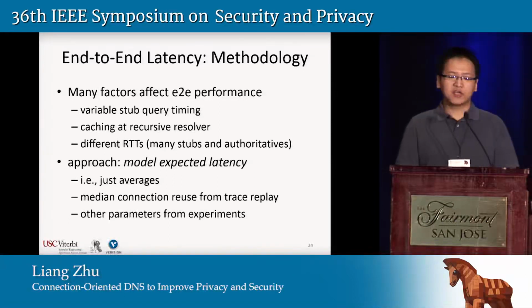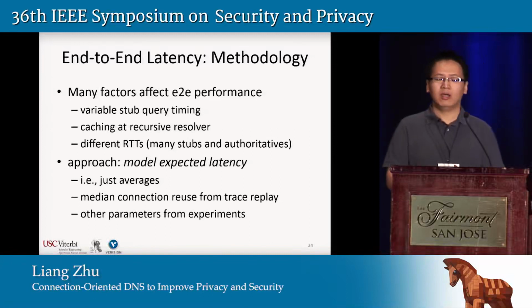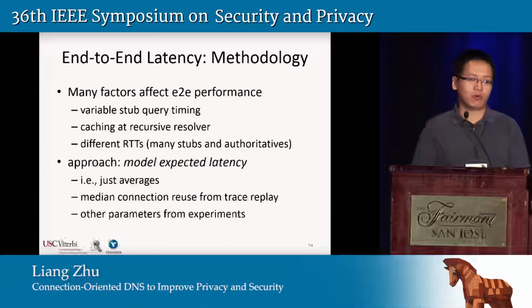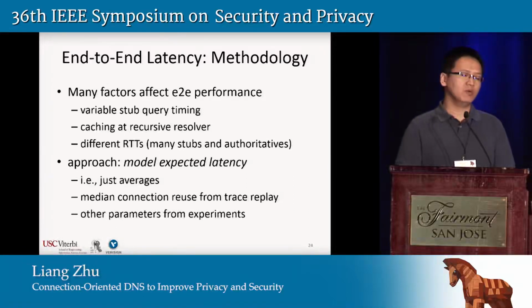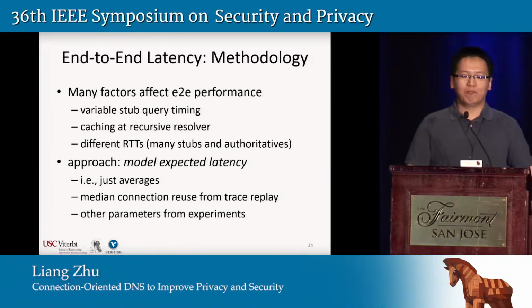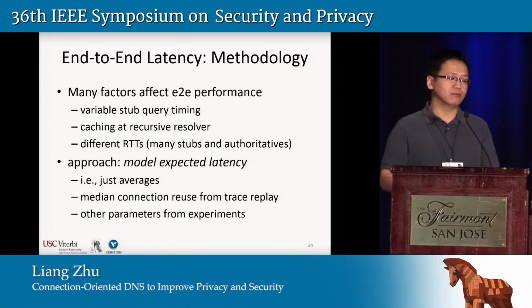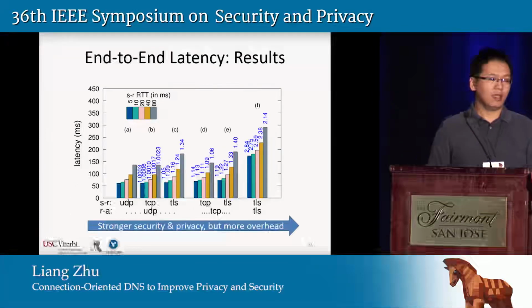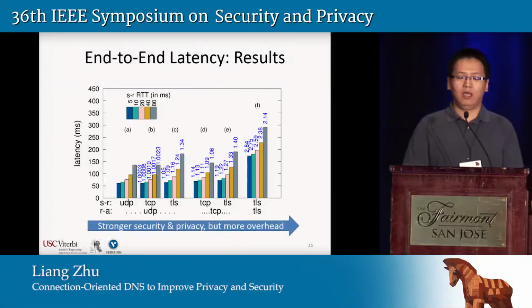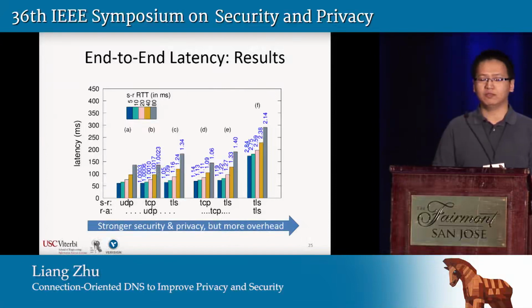For example, there are all kinds of different RTTs everywhere. So here we just decided to do the modeling for the average value. And here is our end-to-end performance result.